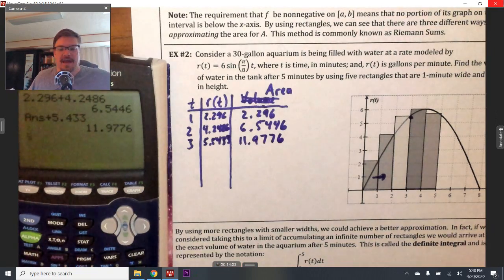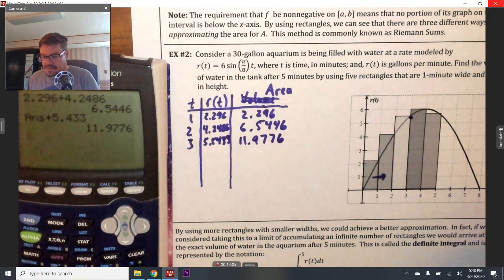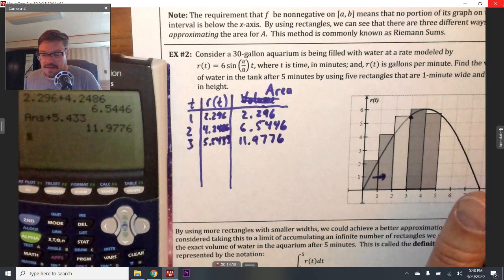In fact, I do have the numbers here. It looks like they did some rounding here, so we'll be close to what this has.